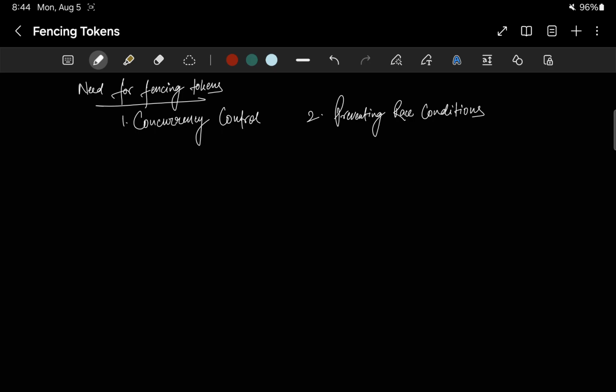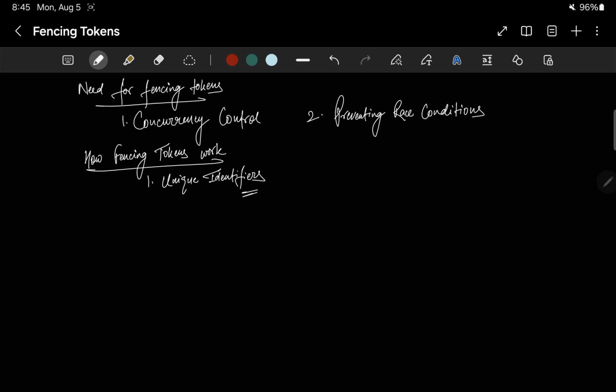Now let's talk about how fencing tokens work. Fencing tokens operate by assigning a distinctive identifier to each operation or request.